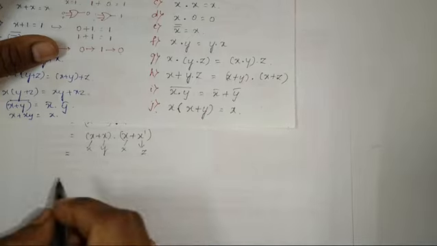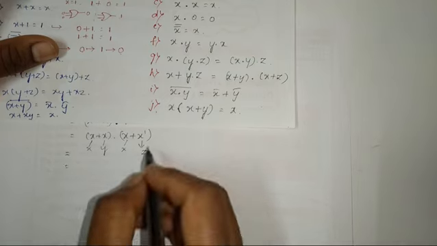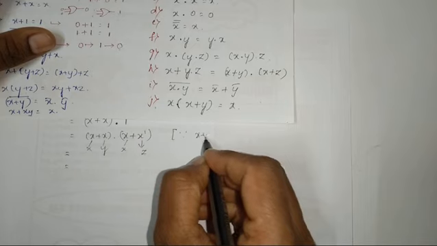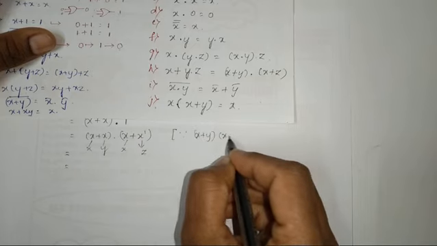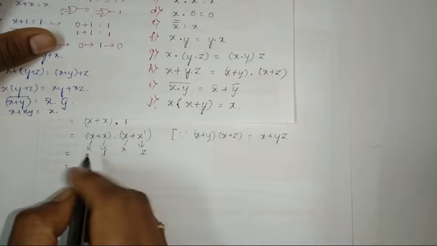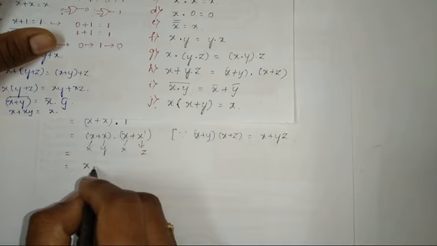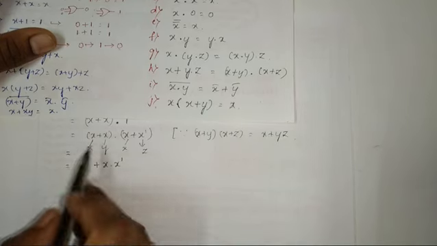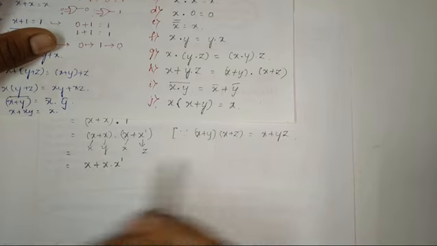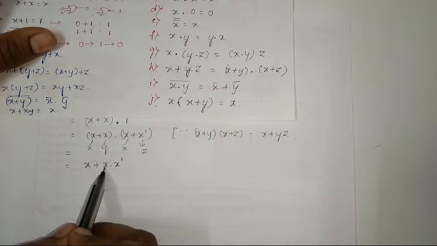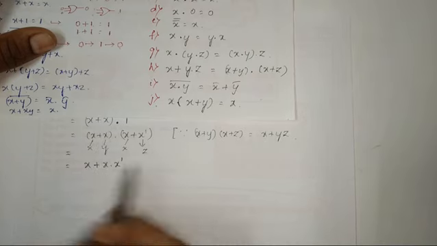Fine. So how can I rewrite it? x plus y into x plus z is equal to x plus yz. So I can write it as x plus x into x bar, correct? x plus yz I have to write. In place of y, x is there. x into, in place of z, x bar is there.